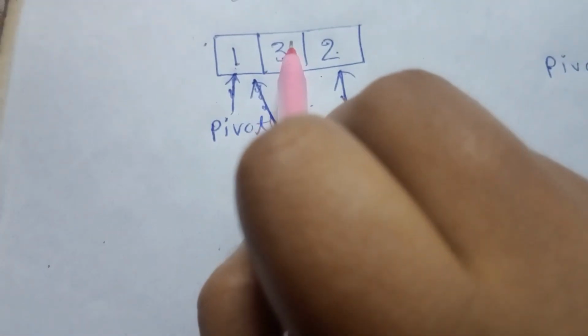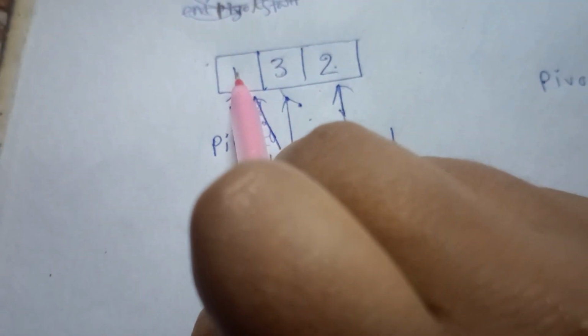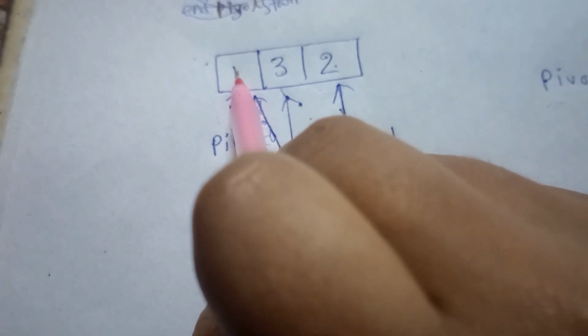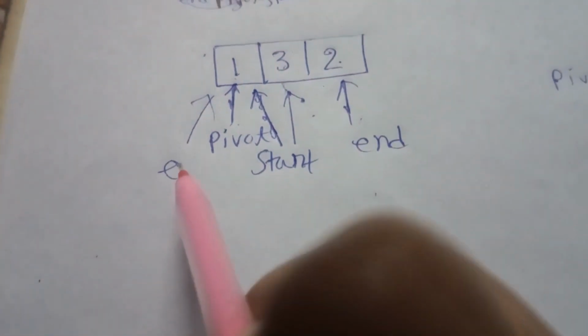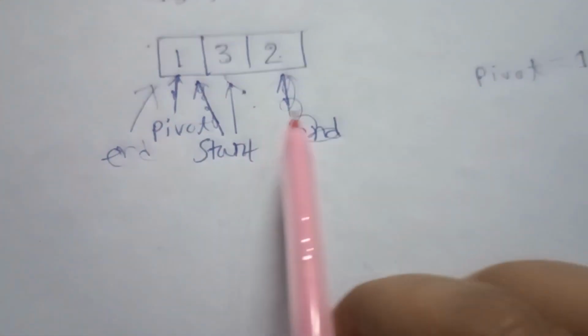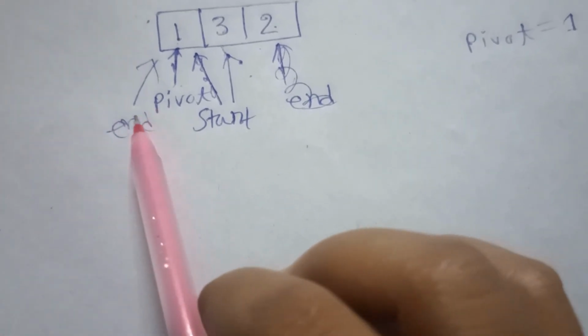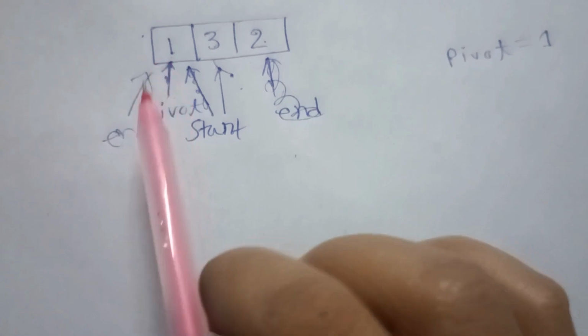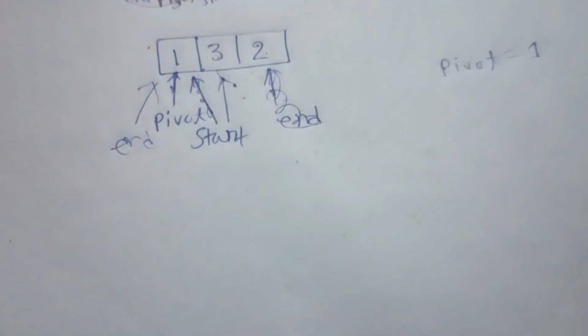Now end is here. 3 greater than 1, so now end is decremented and end is here. As start is greater than end, we swap between pivot and end, but here pivot and end are the same, so no swap.